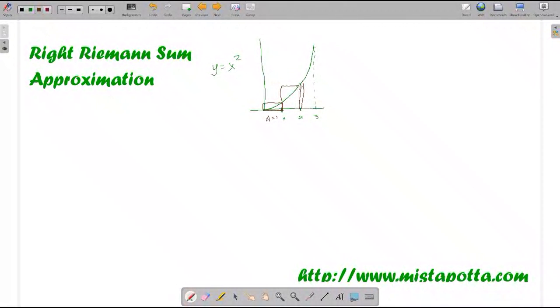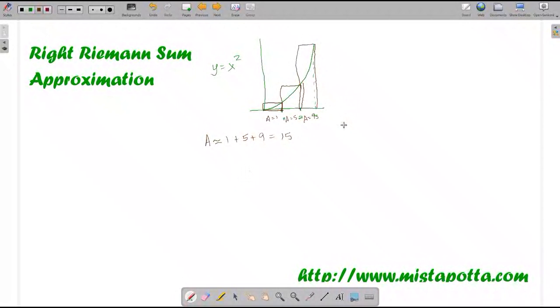So that's a height of 4 and a base of 1. So here my area is 5. And here my right endpoint determines a height of 9. And so the area of this rectangle is 9. So my Riemann sum approximation for the right would be 1 plus 5 plus 9, which is 15.